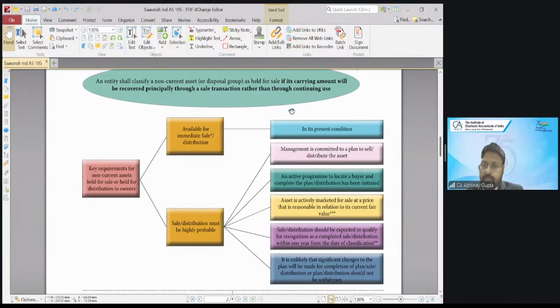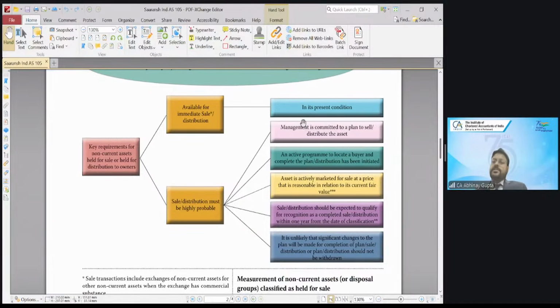In its present condition. Then management is committed to a plan to sell or distribute these assets, right? So how do we see that management is committed? Management commitment is verified by the resolution, if the board of directors have approved the plan to sell these assets.